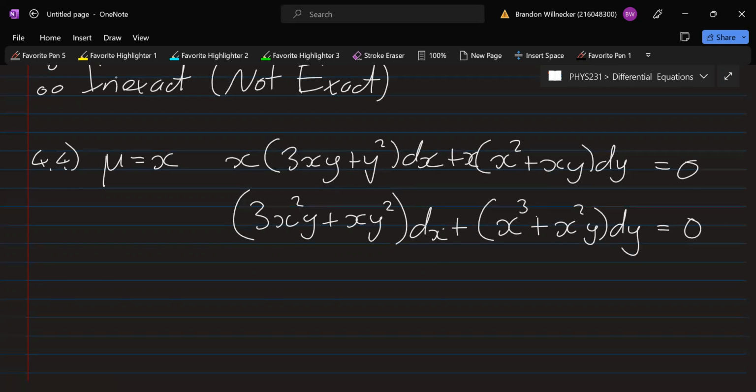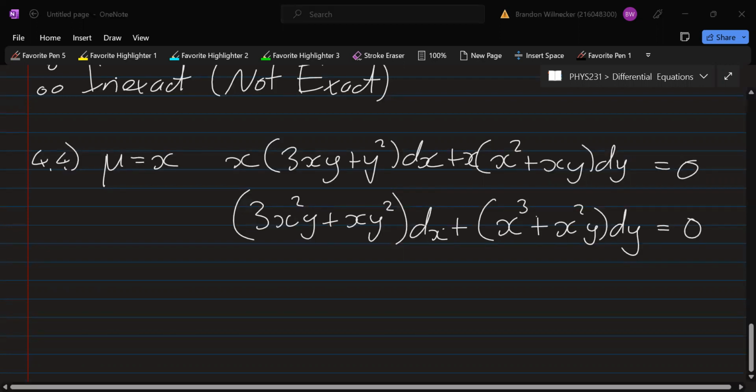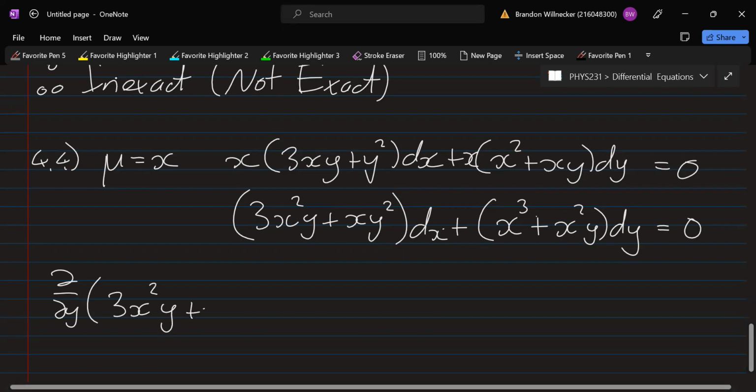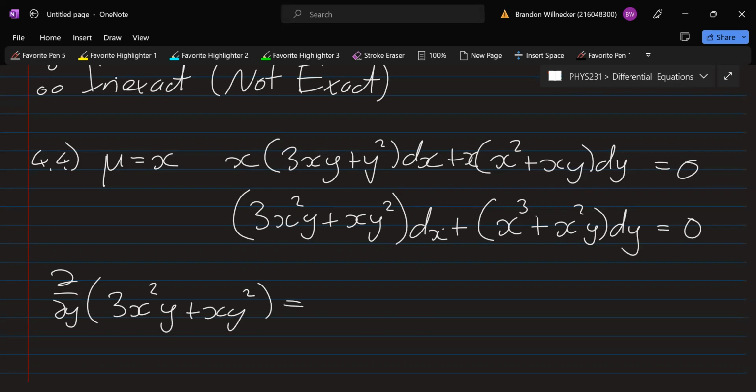Okay, so let's carry on now. The first one is the one with dx, so we need to differentiate that with respect to y. So we have d/dy of 3x²y + xy², which is going to be 3x² + 2xy.